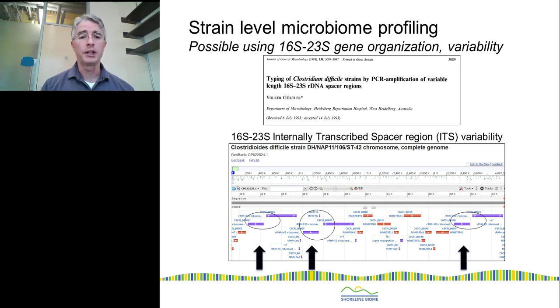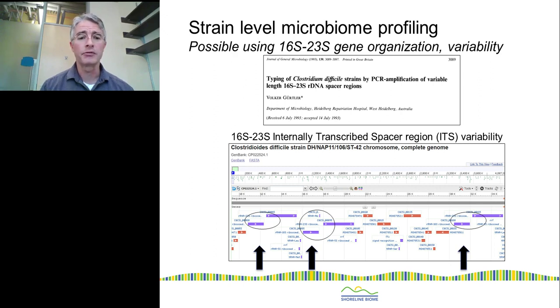Now, in the figure below the paper, there is a screenshot of part of the C. diff NAP11 genome, and these circles cover 16S, this small purple bar on the left, and the associated 23S genes. They usually come in a little gene cassette like that.